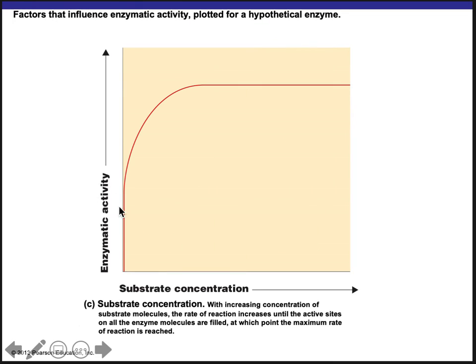This last graph that I want to show you regarding enzymes shows that as you increase the concentration of your substrate, you will increase the turnover rate, right? The reaction rate of that substrate and that enzyme. So as substrate concentration increases, your enzyme activity will increase up to a certain point where then it remains exactly the same.